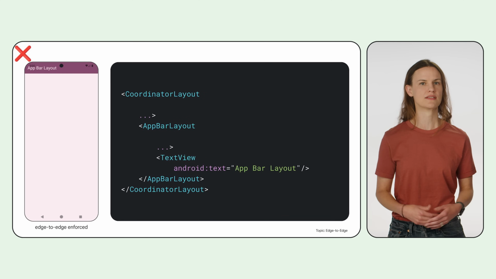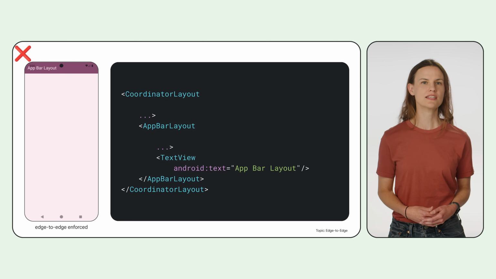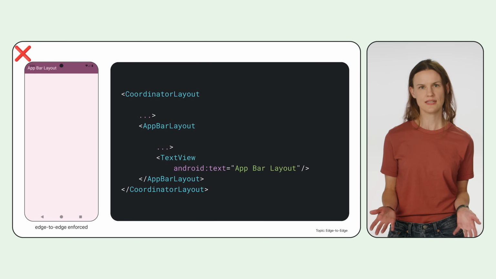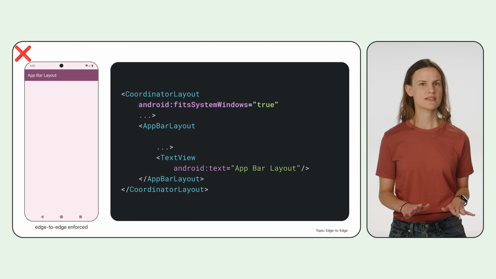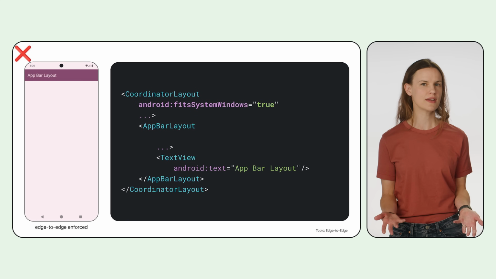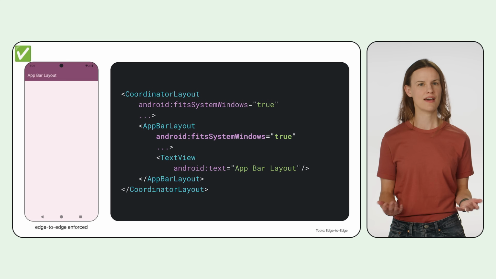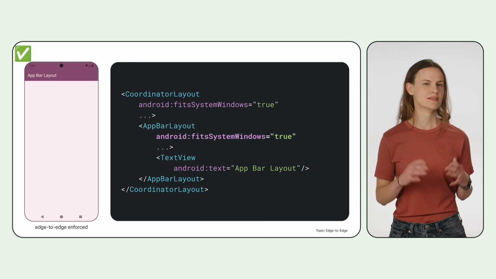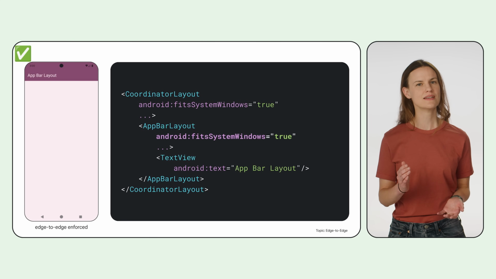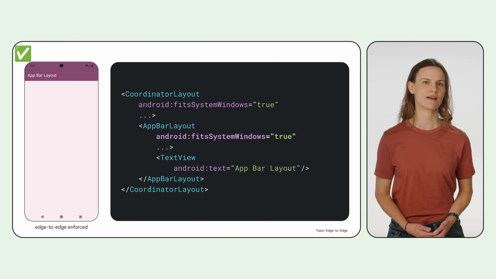This example has a coordinator layout and an app bar layout and a text view. Edge-to-edge is enforced, but we're not handling insets. Add Fit System Windows equals true to the coordinator layout, and the children avoid the system bars. Then add Fit System Windows equals true to the app bar layout to extend its background into the status bar area, which is the result we want. That was easy, but unexpected.